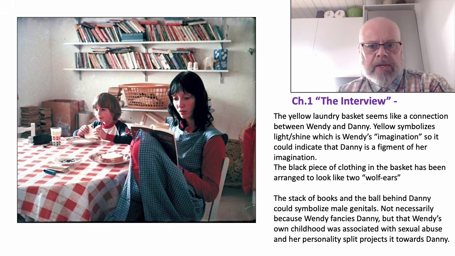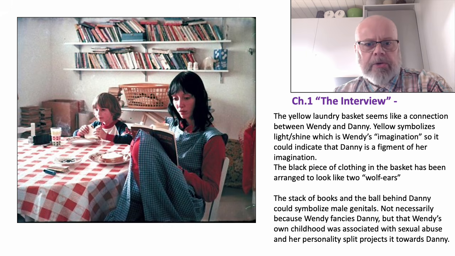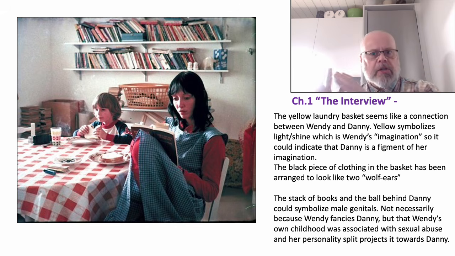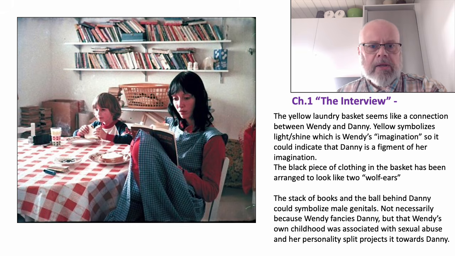The stack of books and the ball behind Danny could symbolize male genitals, not necessarily because Wendy fancies Danny, but because Wendy's own childhood was associated with sexual abuse. As we have seen, you have just been in that office with Ullman and all these phallic symbols, right? So there are remnants in her mentality associated with male sex, and a personality split projects it onto Danny. So just a few thoughts, right?